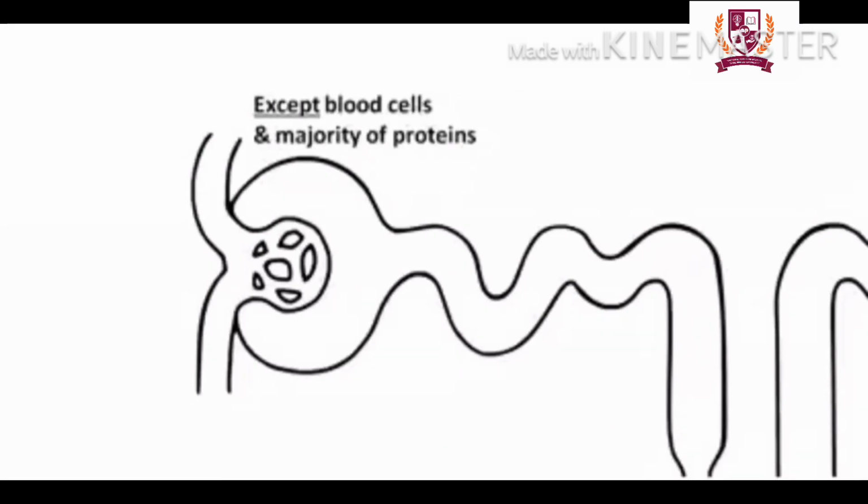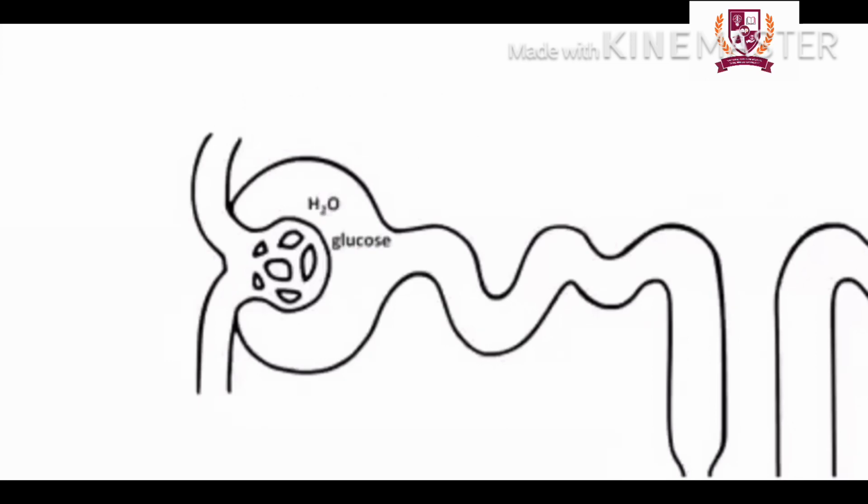Most of the components of blood are filtered in the glomerulus region of the Bowman's capsule, except blood cells and some of the proteins. The components that get filtered are water, glucose, amino acids, and some salts along with the waste, creatinine and urea.